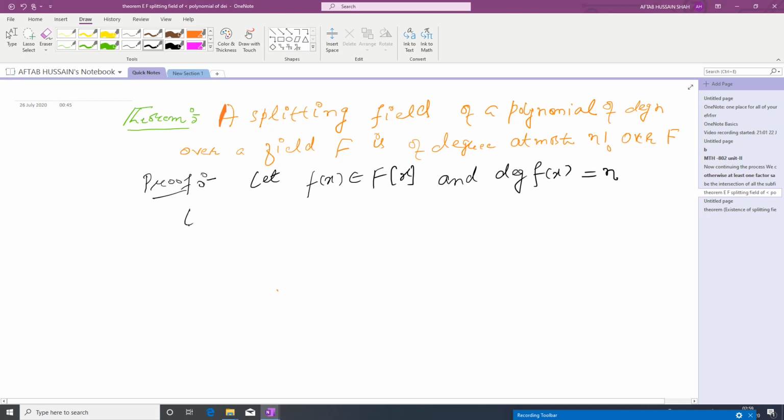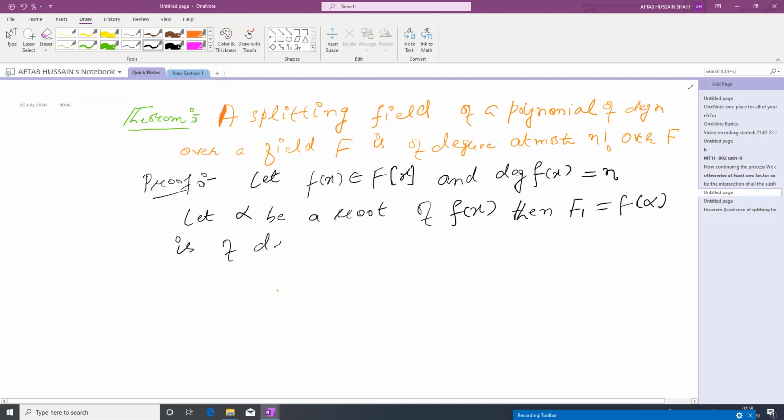Let alpha be a root of this f(x). Then F1, which is F(alpha), is of degree at most n over F. At most n, we know this.